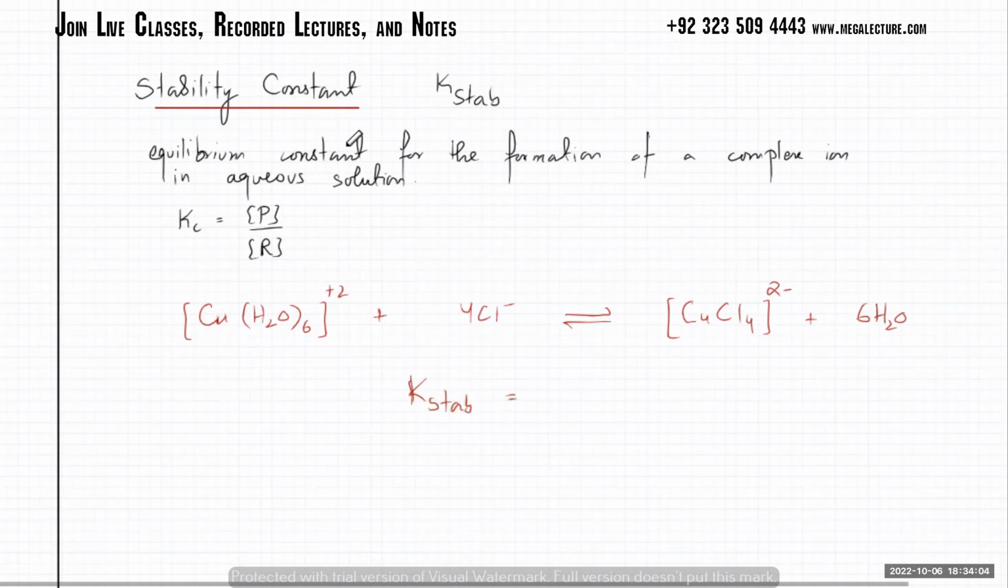So how do you write the equilibrium constant? It's going to be product concentration, so it's going to be CuCl4, ठीक है, CuCl4 2 minus, उसकी concentration multiplied by water concentration. Actually, since everything is aqueous, water is going to be taken as a constant, or water's concentration is ignored.